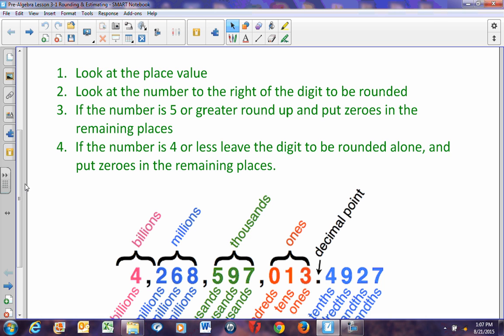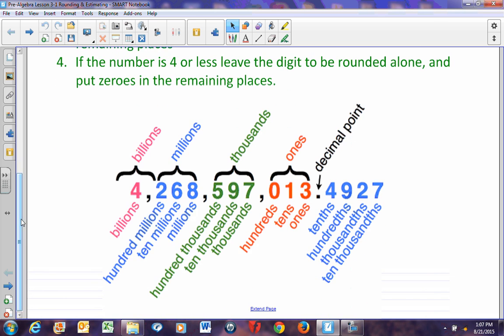And just in case you forgot, here's a quick little overview of your place value. If my decimal point is here, the first place after it is the tenths, then we have the hundredths, then the thousandths, and then the ten-thousandths. We don't have a ones place.